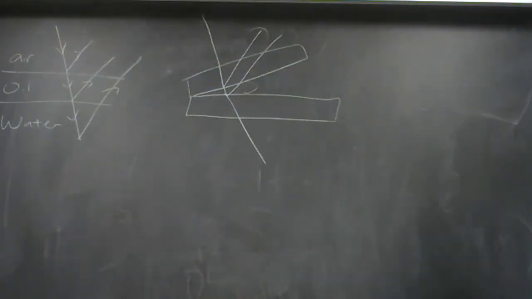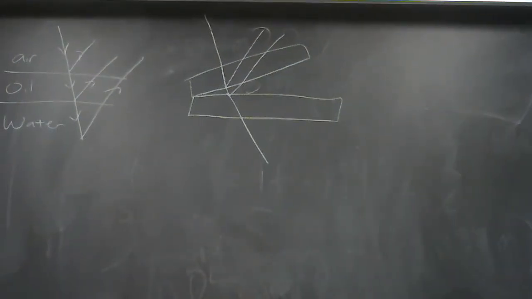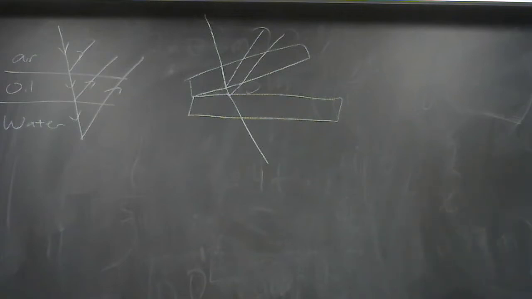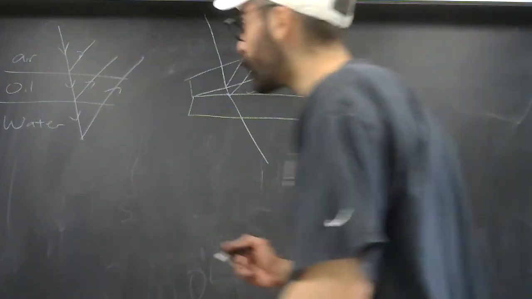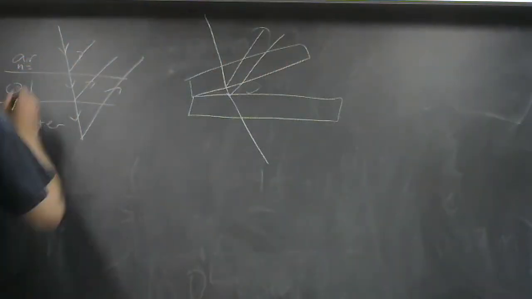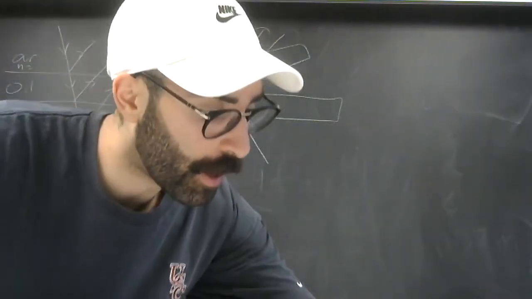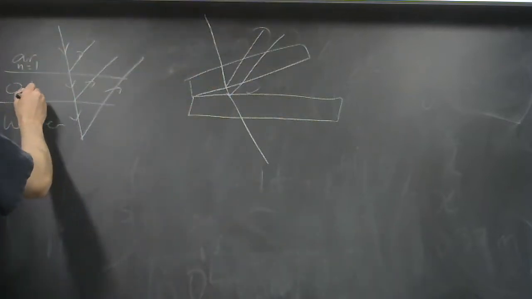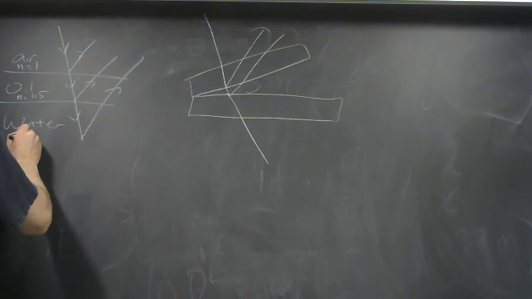With these questions, when light reflects off a surface of a higher index of refraction, it's going to have a lambda over 2 phase shift. And what's index of refraction? That's the unit n. I looked it up: for air, n equals 1, n equals 1.5 for oil, and n equals 1.33 for water.